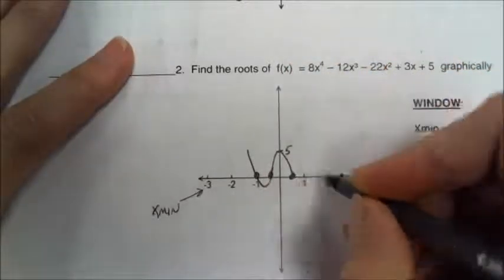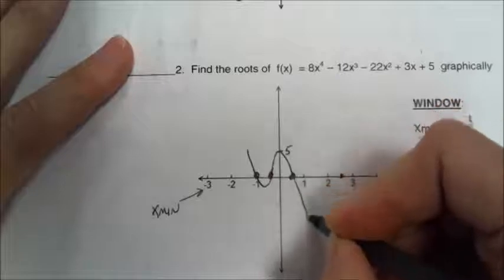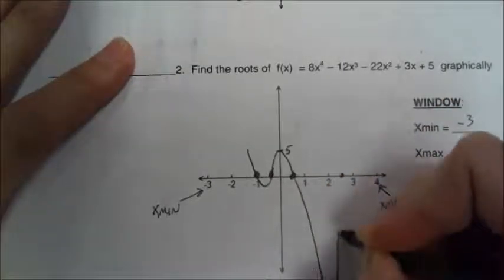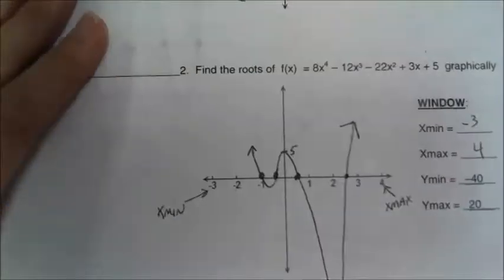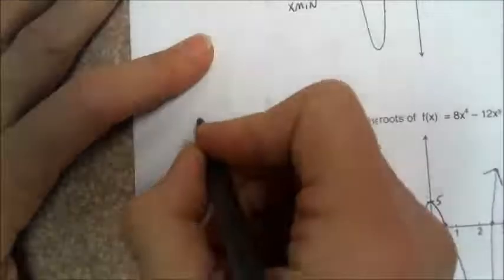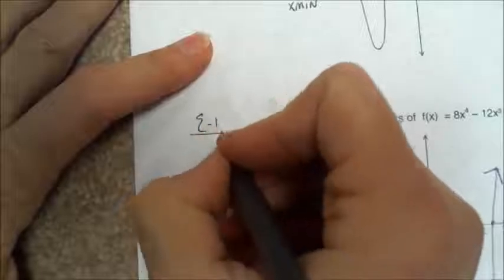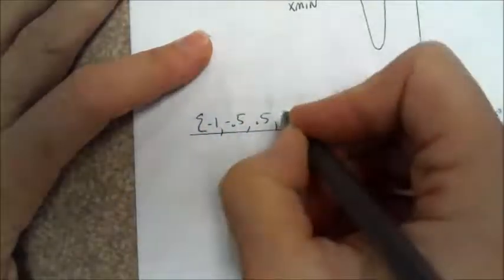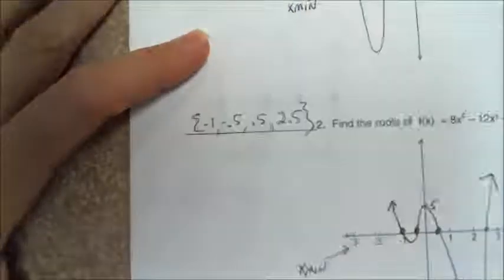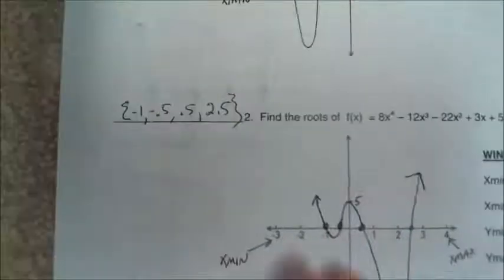Go through this x-intercept. Goes way down, and then it comes way back up again and goes up forever. So the 4 points of intersection are, what we say, -1, -0.5, +0.5, and +2.5. So those are the 4 zeros on that one.